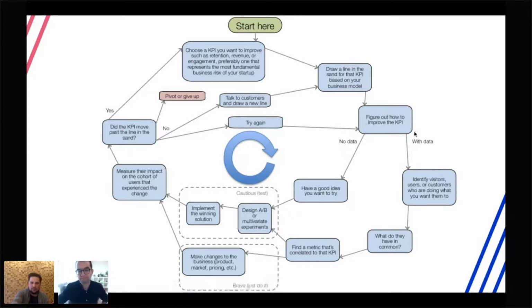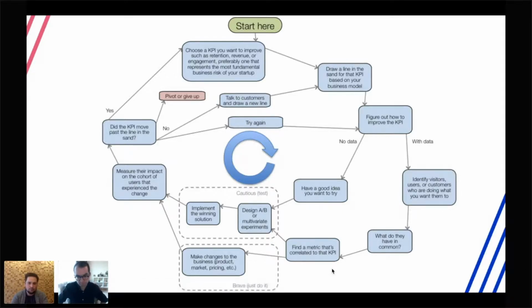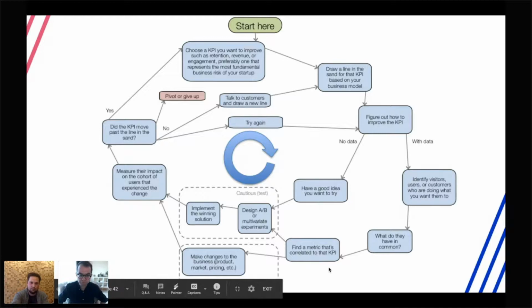However, the usual flow with data is that you identify users, you identify where the bucket is leaking, and try to identify what they have in common. And when you find a metric that correlates to this KPI, then you can make changes.